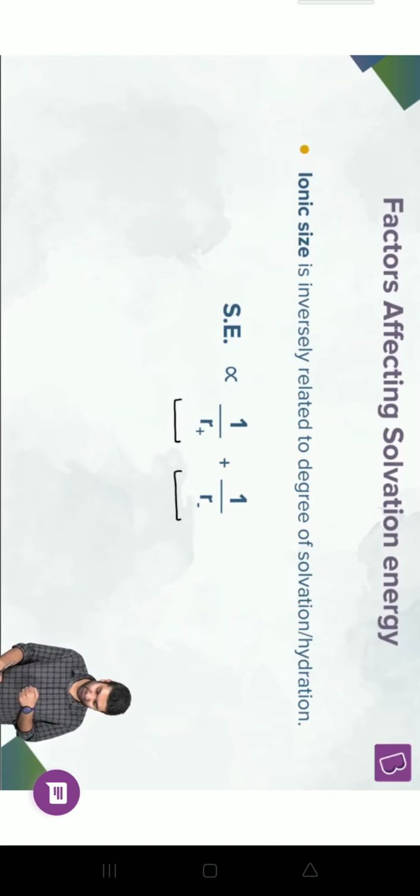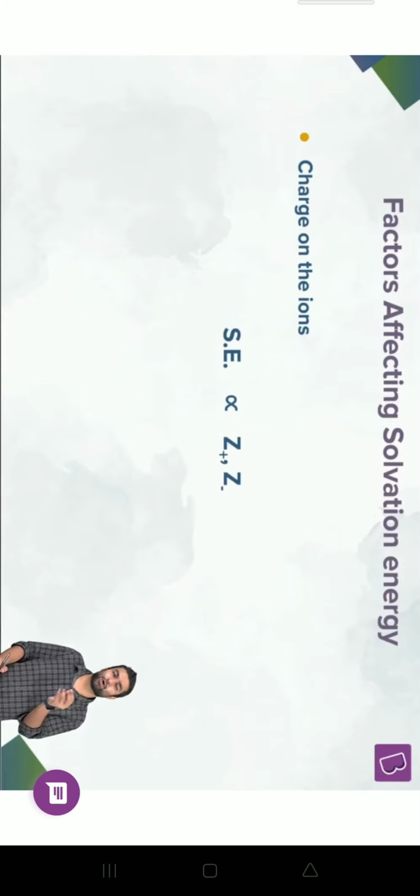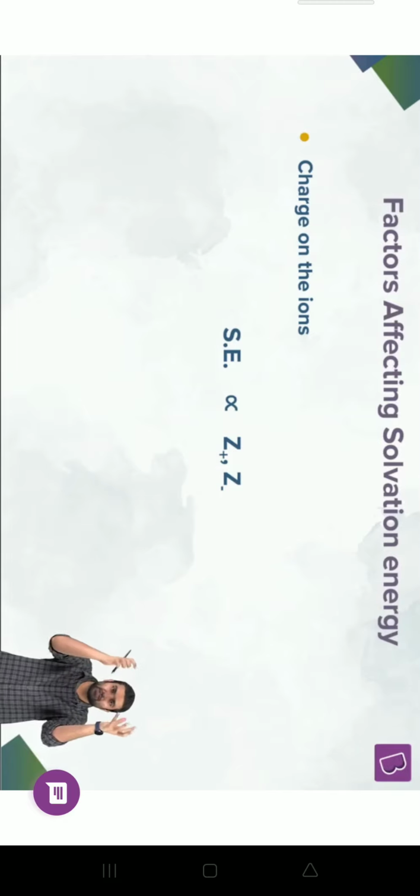Now, one more thing is there. Again, we are talking about, let's say, Cl minus. So H2O molecules are being attracted over there because of the delta plus on hydrogen. So if I have a greater negative charge, obviously the attraction will be more.